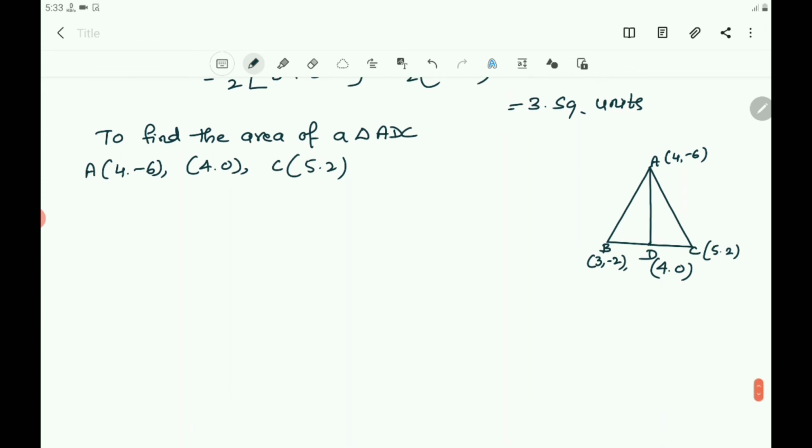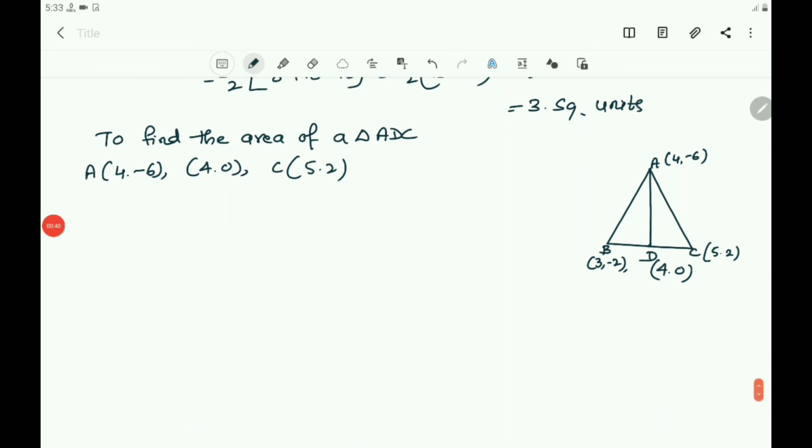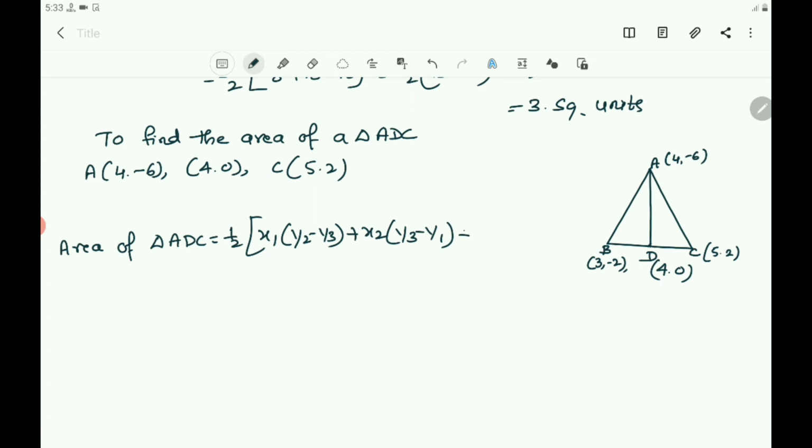Then you write the formula: area of triangle ADC equals 1 by 2 into x1 into (y2 minus y3) plus x2 into (y3 minus y1) plus x3 into (y1 minus y2).